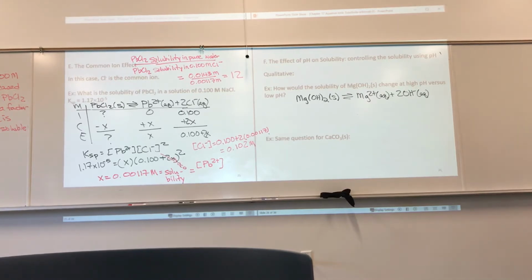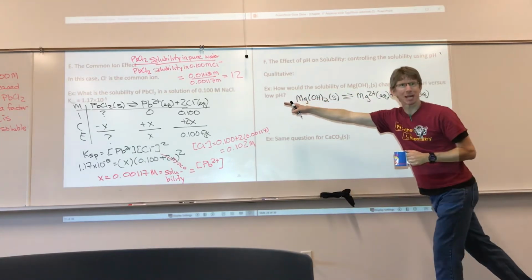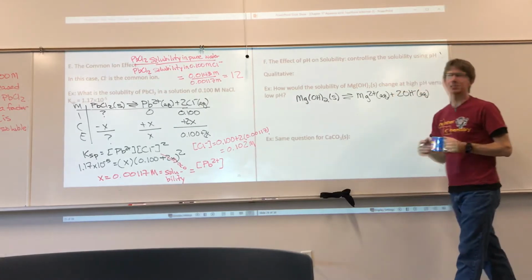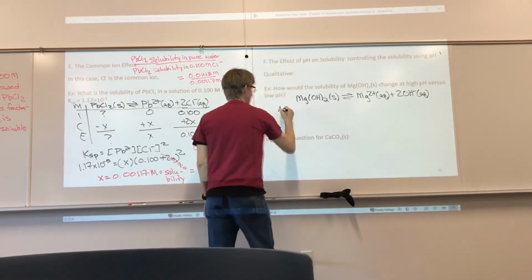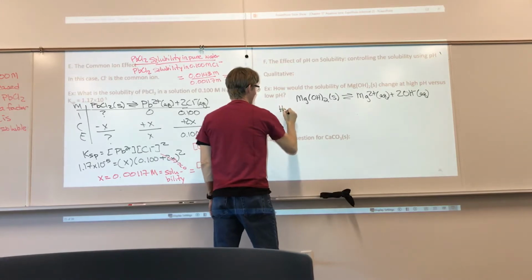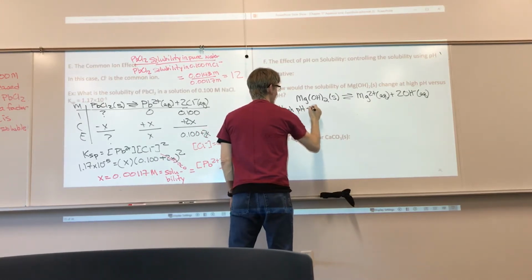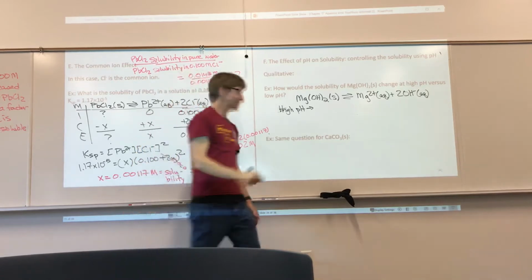When something's at high pH, we can think of that as being equivalent to adding hydroxides. Does that make sense? When we add hydroxides, what does Le Chatelier's principle tell us will happen? It will shift to the left. And what can we say about the solubility of magnesium hydroxide? It will decrease. So our thought process is high pH has more hydroxides.